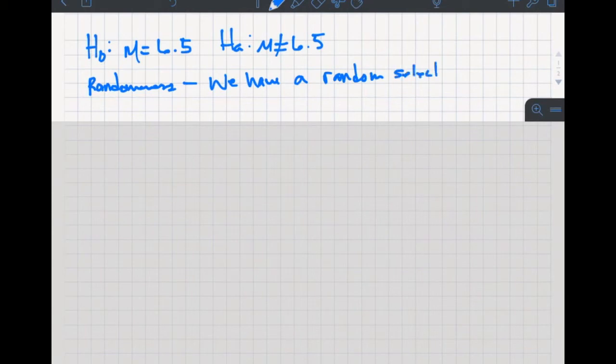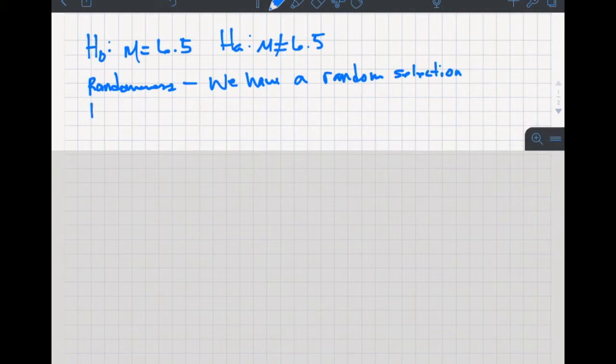The next part would be independence. Although this one isn't really necessary because it's automatic. The length of one word would have absolutely no connection to the length of the word that comes before it.